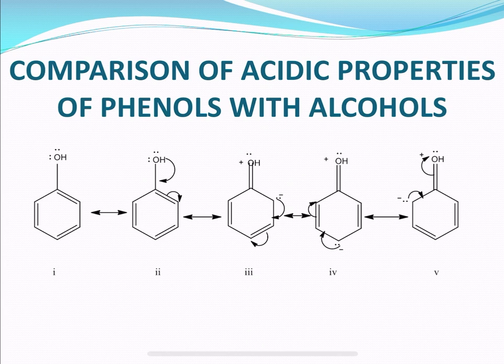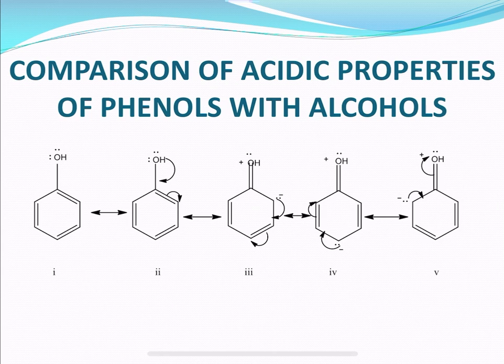When we compare the acidic properties of phenols with alcohols, what is the structure of alcohols and alkoxide ions? What is meant by alkoxide ion? When alcohols are combined with the aqueous solution, alkoxide ion is formed.